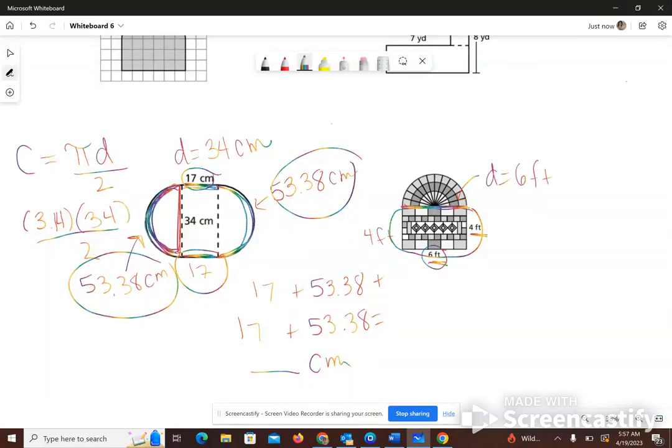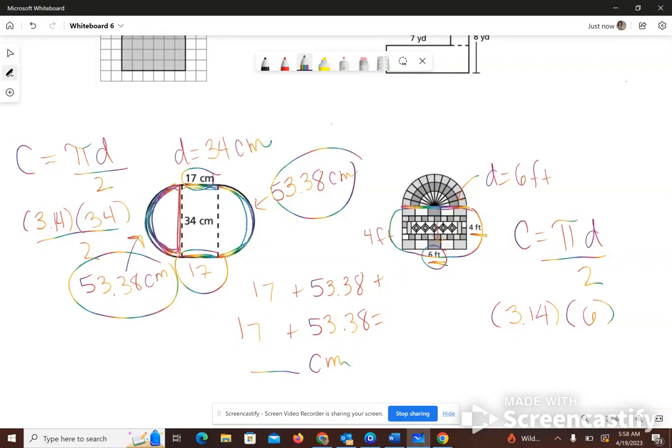So once again, I need to find the circumference of that semicircle. And circumference of a semicircle is pi times diameter divided by 2. You only divide by 2 if it's a semicircle. If it's a complete circle, you do not need to divide by 2. Okay, so pi, I'm going to use the approximation of 3.14, diameter, which is 6 because we established that it's 6 down below.